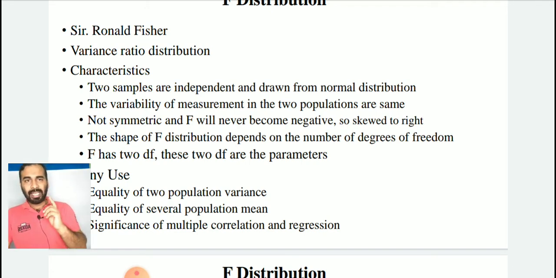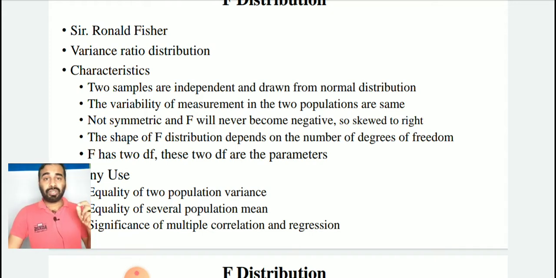The shape of the F distribution depends upon the number of degrees of freedom. The F test has two degrees of freedom, and these two degrees of freedom are the parameters of the F distribution. You have to remember that. What are the parameters of the F distribution?